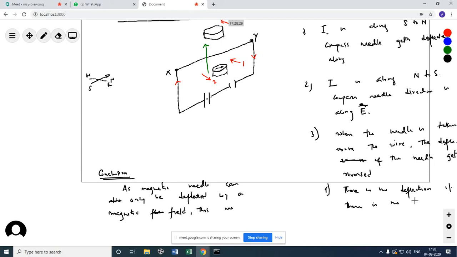No current present in the wire. There is no deflection if there is no current in the wire.